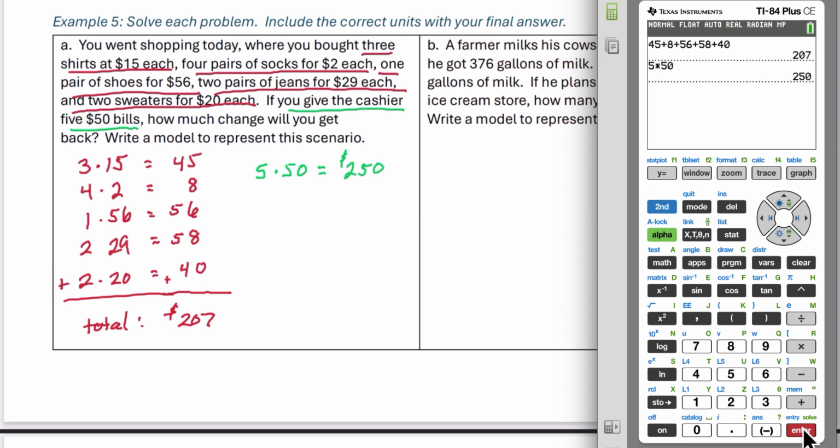How much change do we get back? Well, we gave $250, and we need to subtract the cost. 250 minus 207 gives us $43 in change.